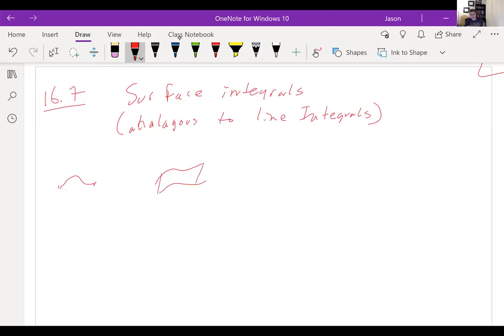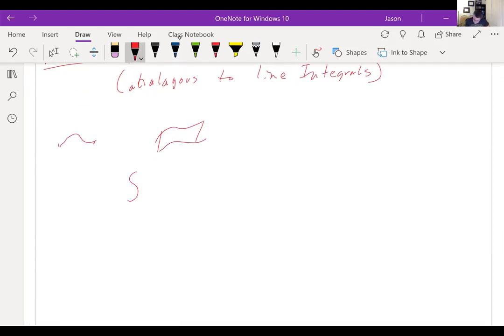So taking the integral over a line versus taking the integral over a surface. Whereas before we had our line integrals, this goes all the way back to 16.2.